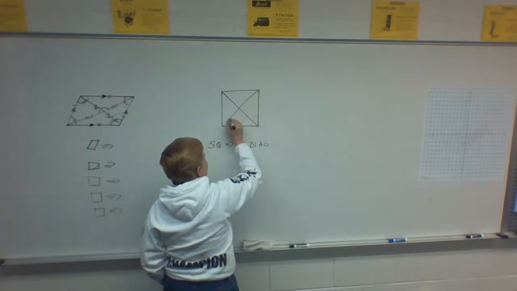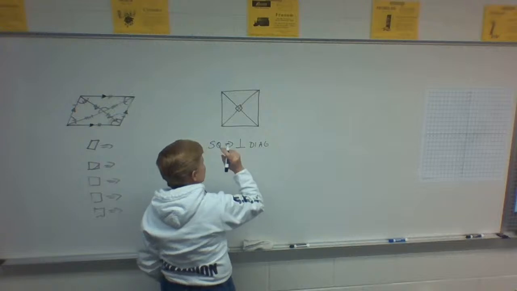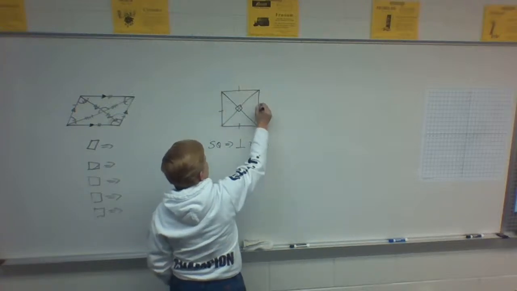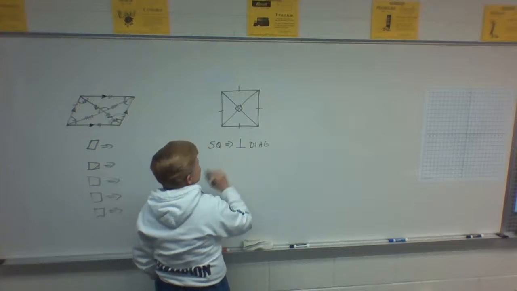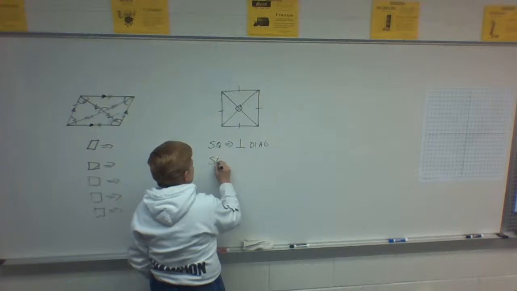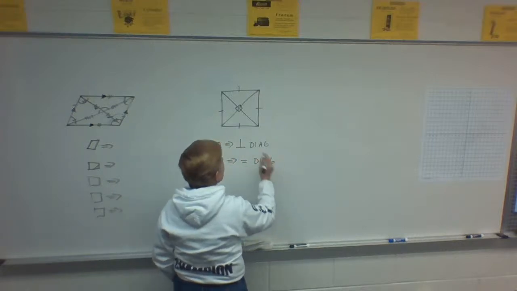So squares imply that too. These will have right angles because a square is a rhombus. That's part of its attributes, because these are all the same length. Squares imply perpendicular diagonals just like rhombuses do. Squares also imply equal diagonals because it is also a rectangle.